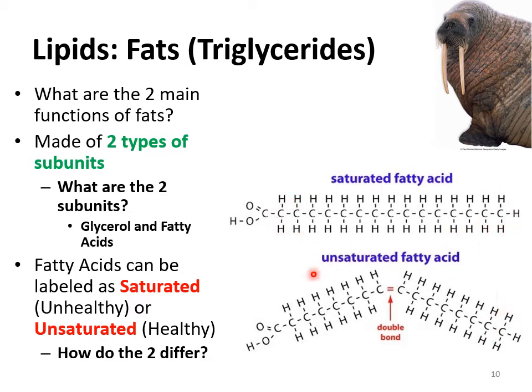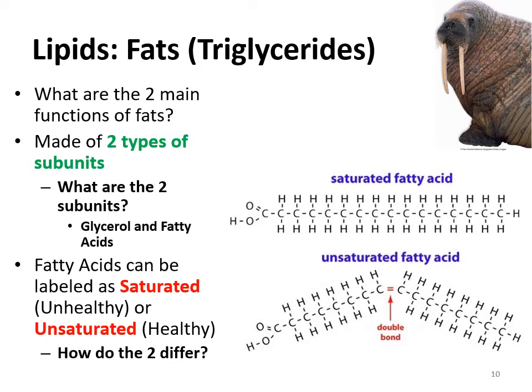This is a big fatty acid chain, but it's been bent because it has a double bond in it. And then glycerol is right here, the carbon with the oxygen and the OH group attached. So this is glycerol and fatty acid. Glycerol and fatty acid, those are the 2 subunits.